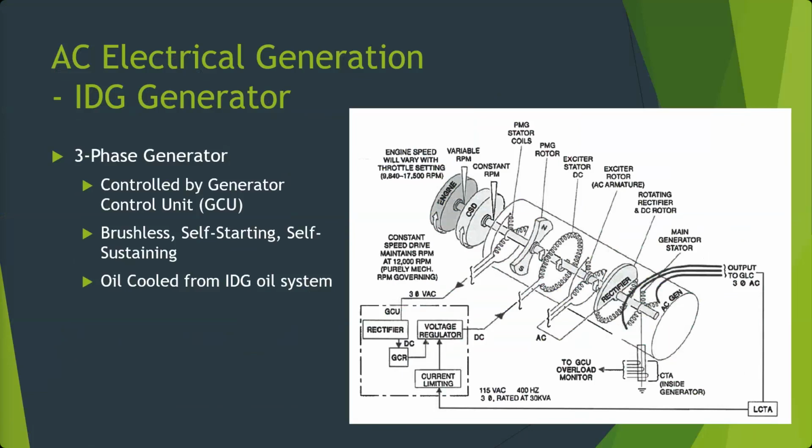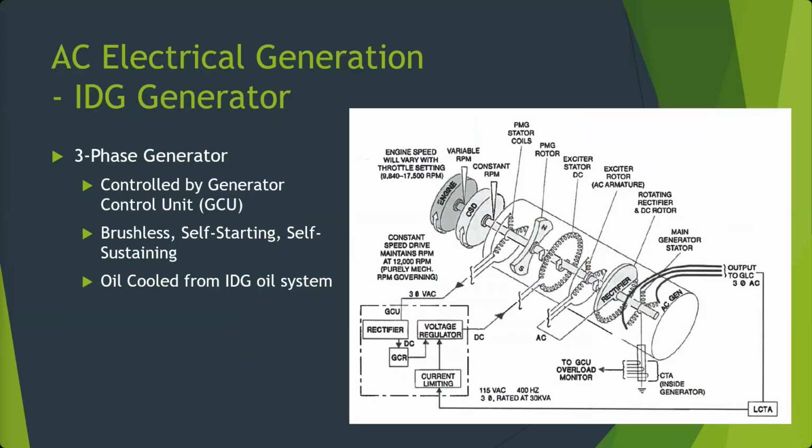The way it's going to regulate the rest of it is through this voltage regulator right here. The voltage regulator sends power to this exciter stator. So this is basically an electromagnet. You have a stator and a rotor that's an AC armature. That produces a small amount of AC that we then bring into a rectifier.